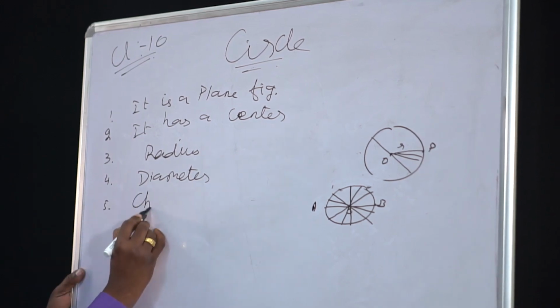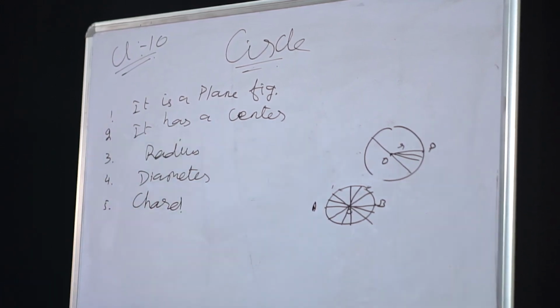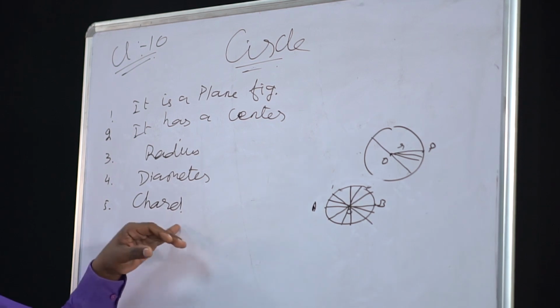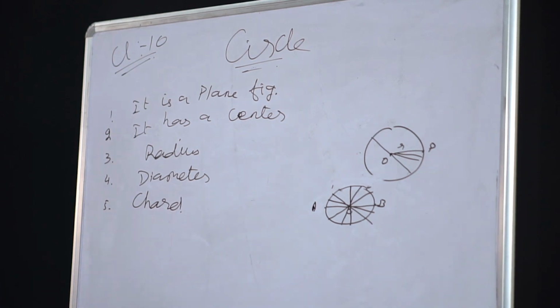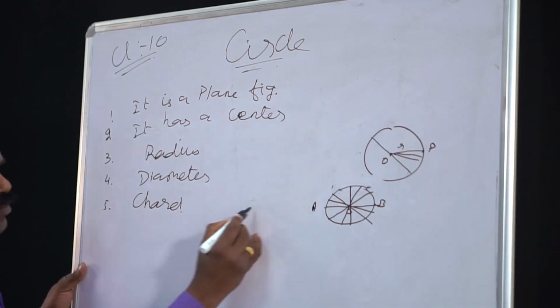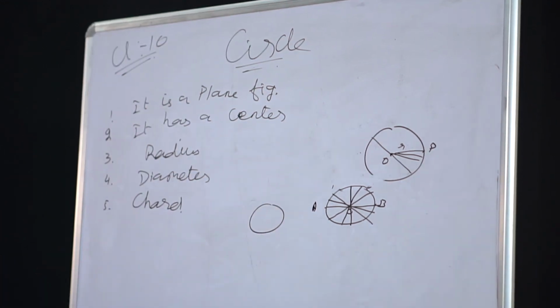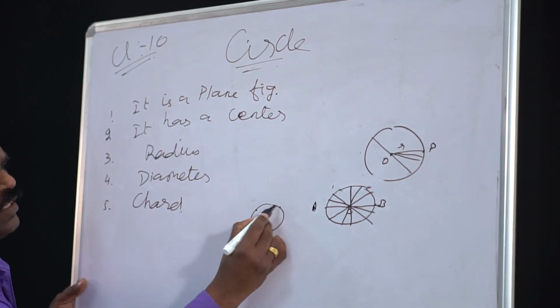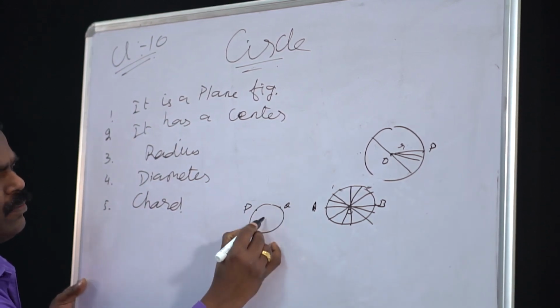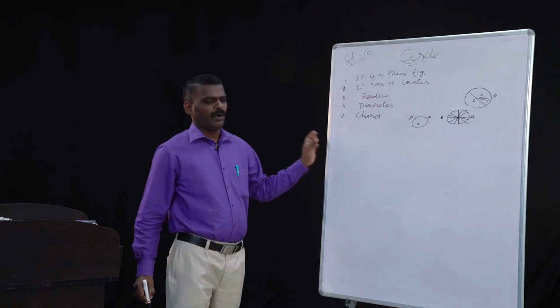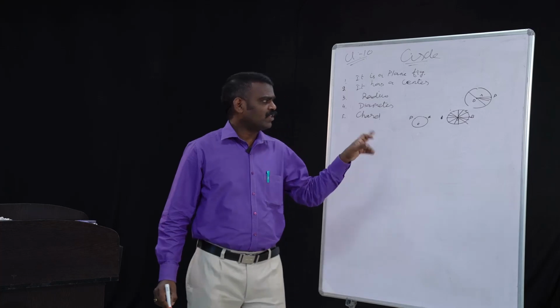Next point is chord. Chord may be a little new word to you. I think from here onwards, whatever points you are going to learn may be new to you. Chord also is a line segment which connects 2 points on the circle, P and Q. Point P is one point on the circle, point Q is another point on the circle.